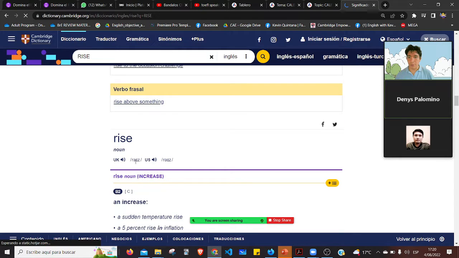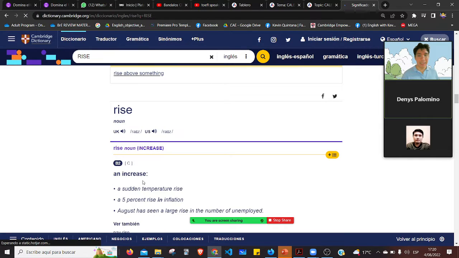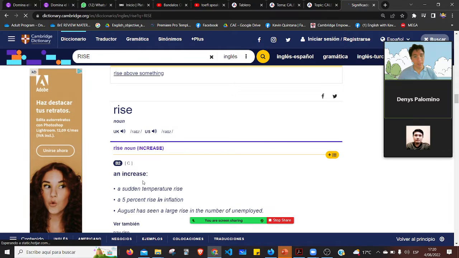The crime is increasing, which is okay, but you can say the crime has a rise, a rise in crime. Rise is pronounced rise, and it means an increase. Did you understand?